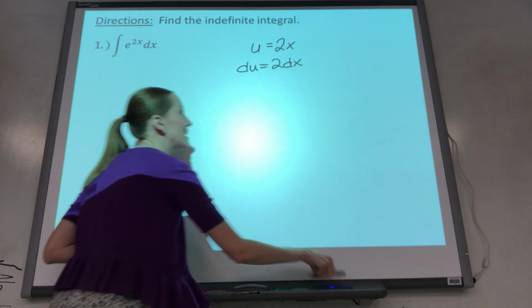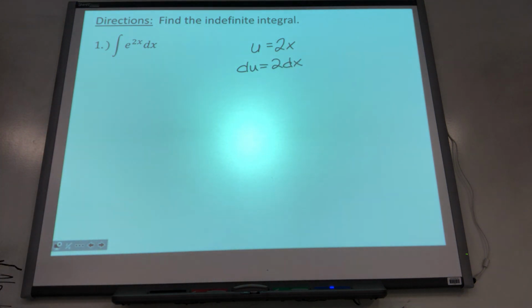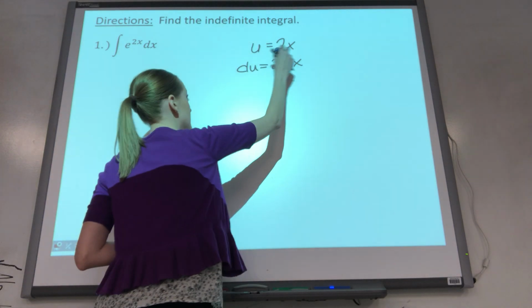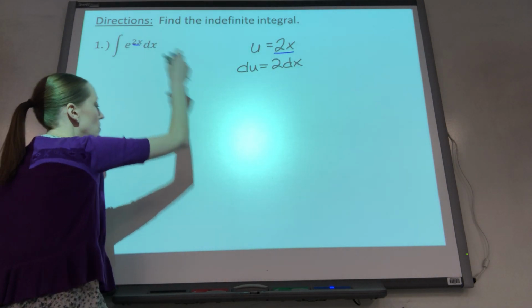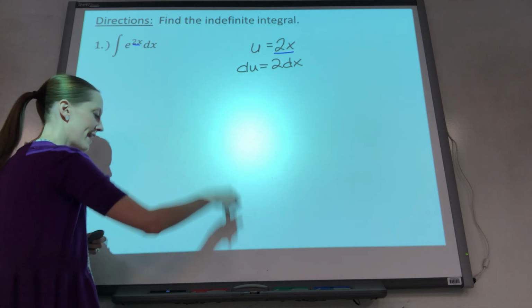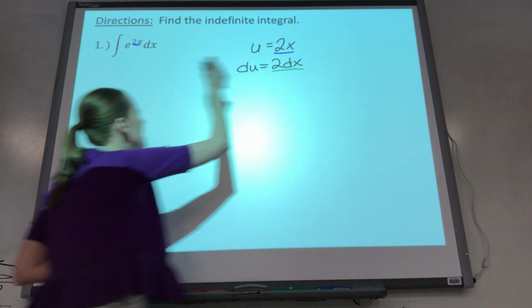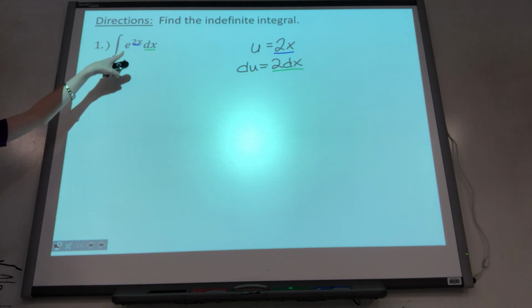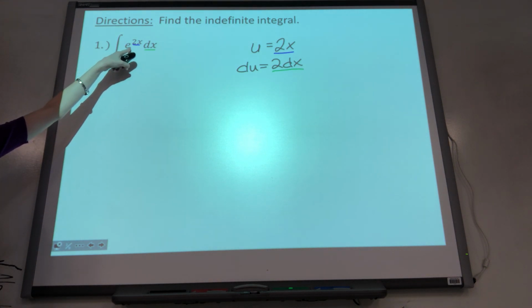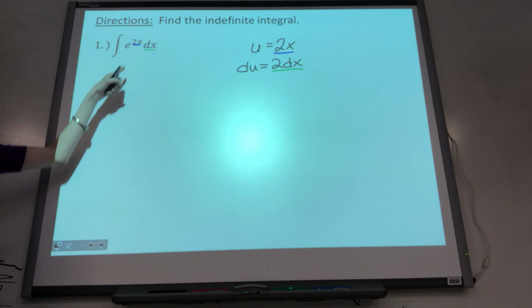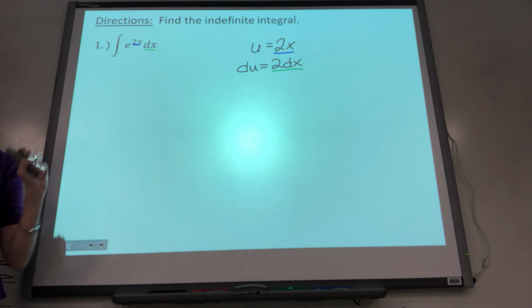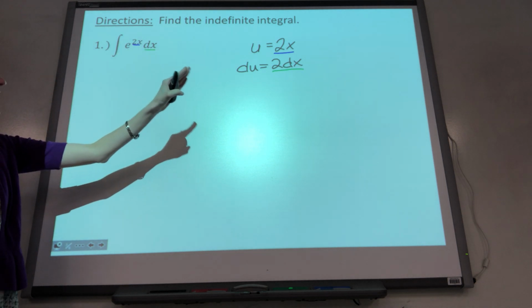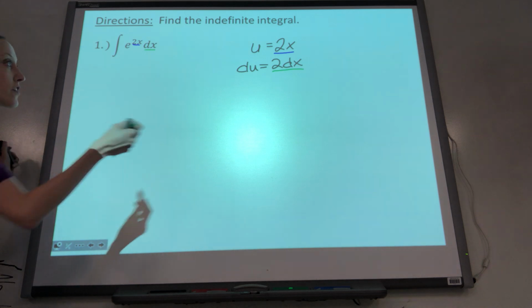So that means du is 2 dx. I've got the u up there in the exponent. I need 2 dx. Don't worry about the e right here because in the next step, this just turns into e to the u power. So the e is not related to the du over here.